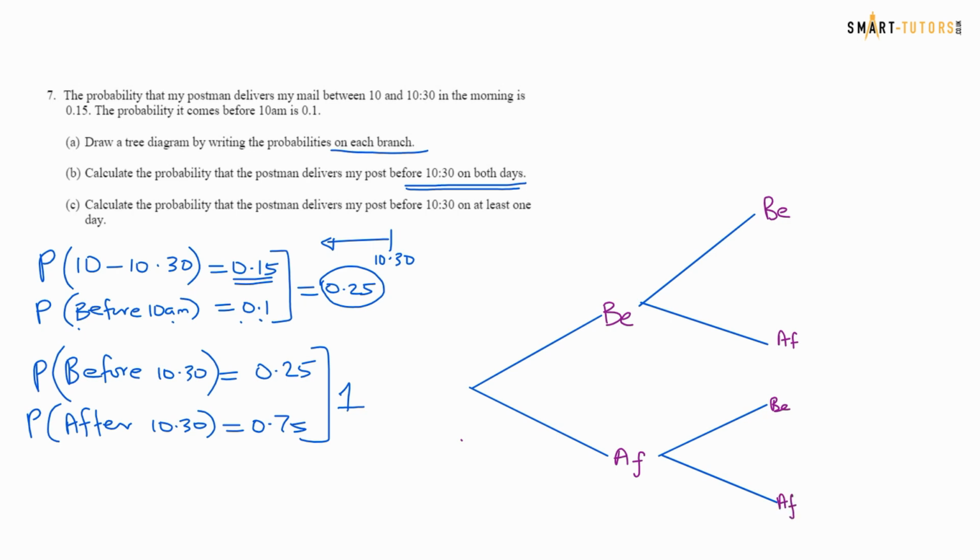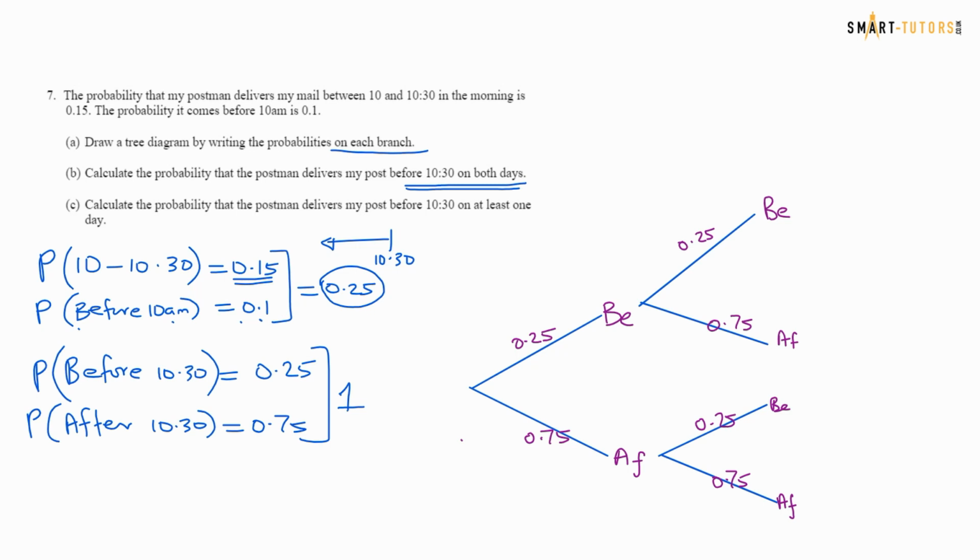So before 10:30, it's going to be 0.25. After is 0.75. And here before 0.25, after is 0.75. Here 0.25 and 0.75. And that is the tree diagram.